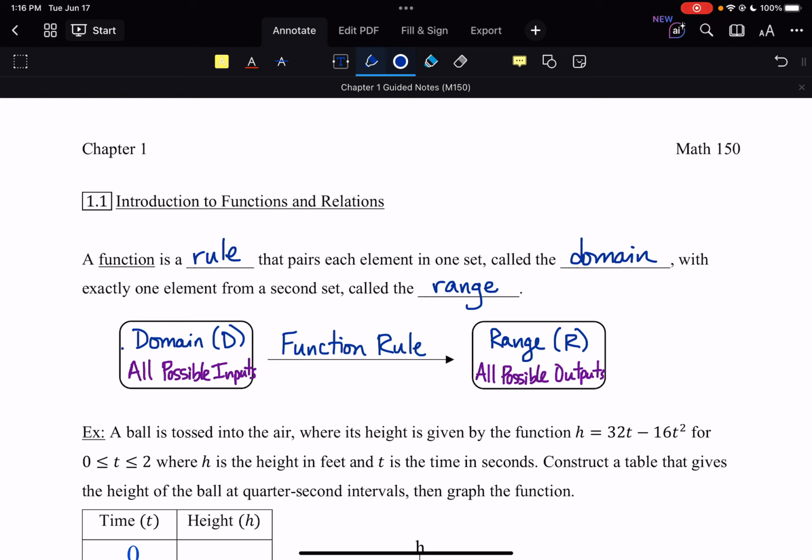So we take an input value, we run it through the function, okay, we apply the rule to it, and we get an output value that is in the range.